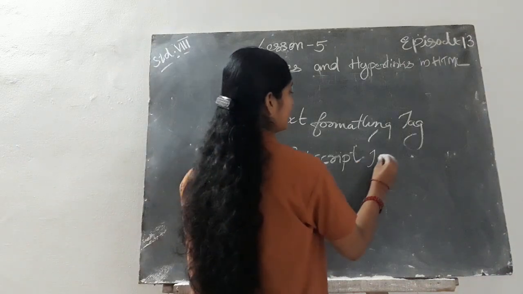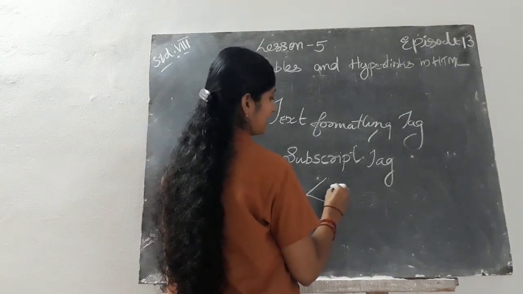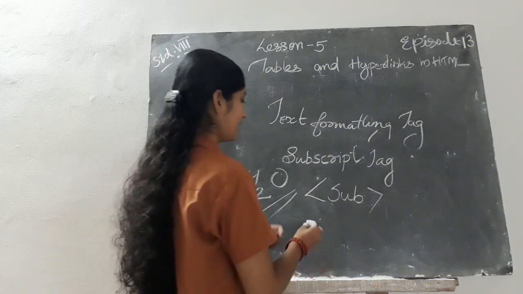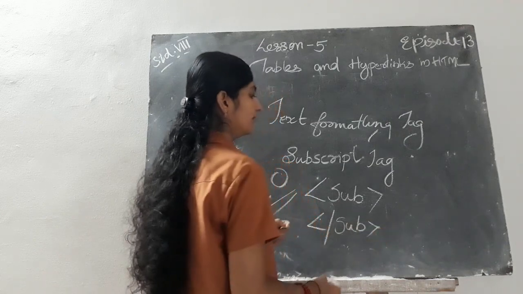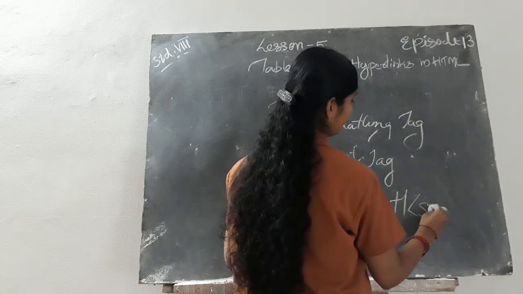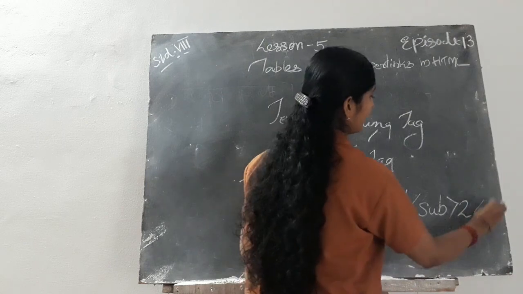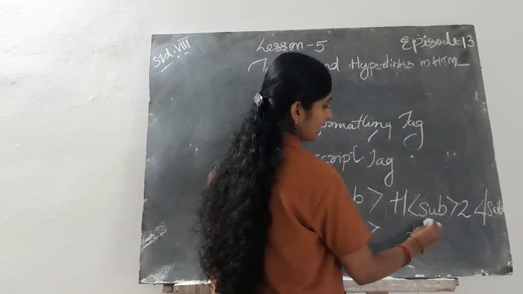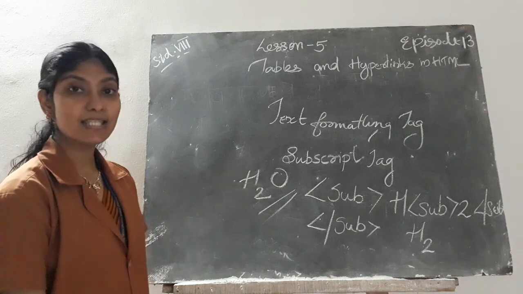Subscript tag. The syntax of subscript tag is SUB. This is the opening of subscript, and then this is the closing of subscript. For example, H, then sub, 2, then closing of sub. So finally the output is H2. Right? So this is the subscript tag.